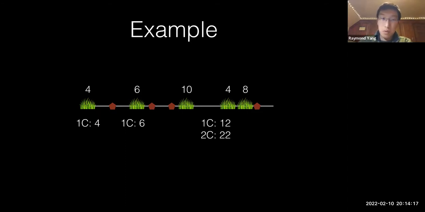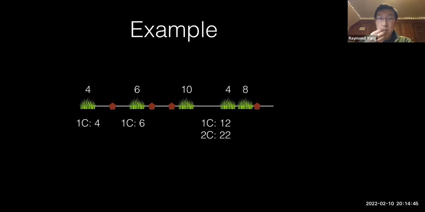So using just 1 cow, we can get a value of 4. And then for this second segment here, we can also just use 1 cow to get the whole value because there's only 1 patch. So we can put our cow directly on top of the patch and we'll get 6 points. Next segment has no grass, so we can skip it.